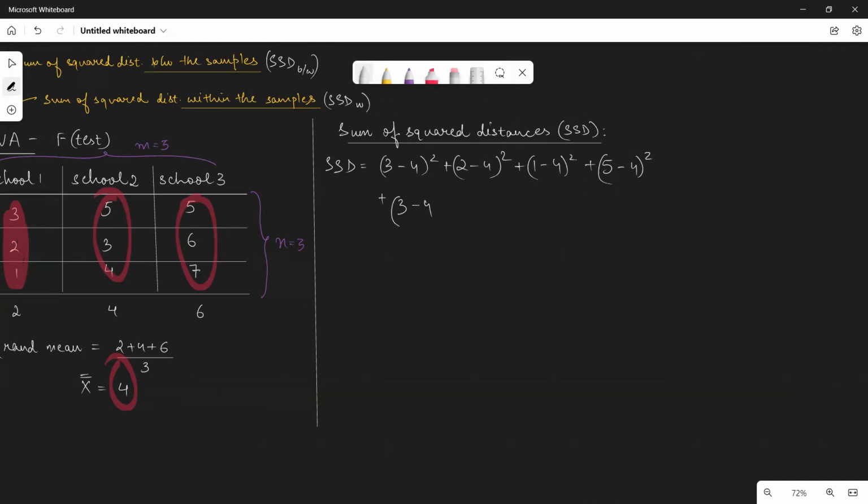3 minus 4 whole square plus 4 minus 4 whole square, plus, now coming to column number 3, 5 minus 4 whole square plus 6 minus 4 whole square plus 7 minus 4 whole square.